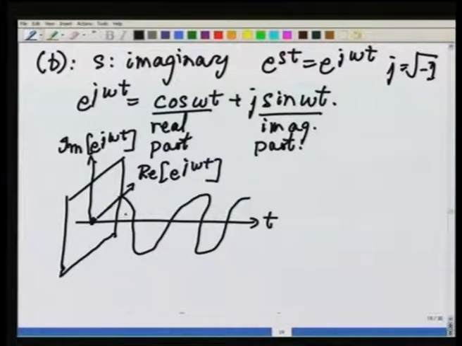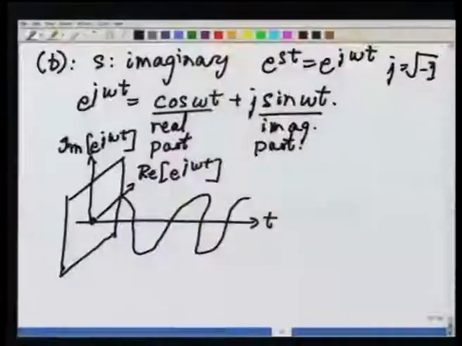At omega t equal to pi by 2, it takes a value of 0. At omega t equal to pi, it takes a value of minus 1. Omega t equal to 3 pi by 2, it takes a value again equal to 0, and finally at omega t equal to 2 pi, it takes a value of 1.